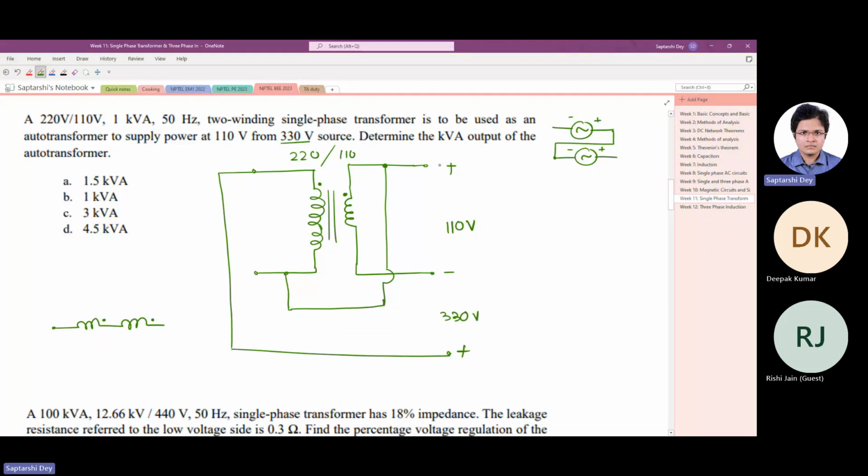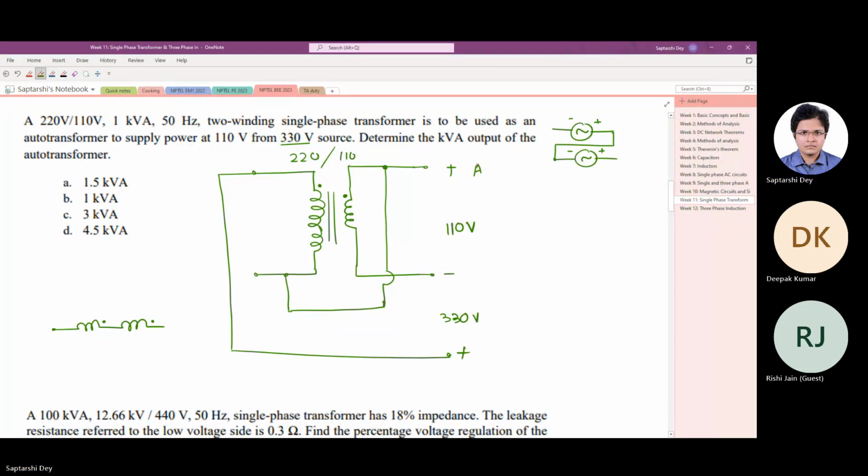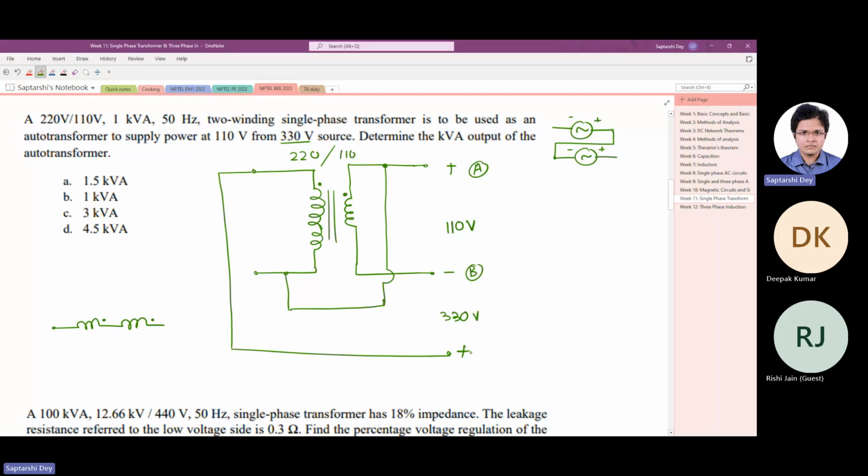If I name them terminal A, B, C, then voltage AB is 110 volt, and from B, if you go in this path, then you have 110 plus 220, 330 volt. So this is the connection if you have to use the single phase transformer as an auto transformer.